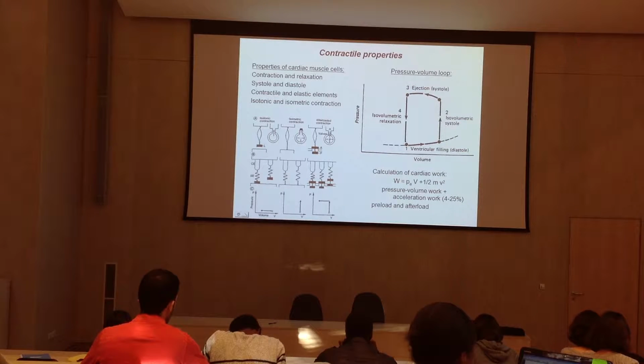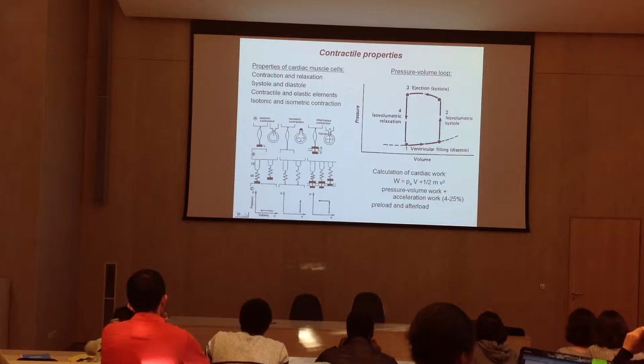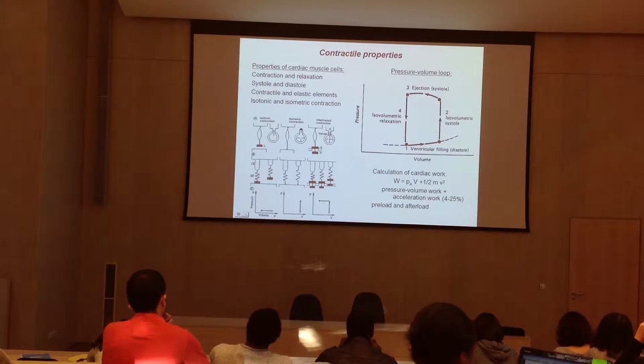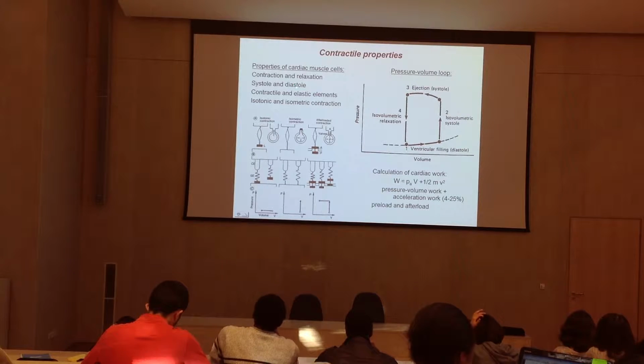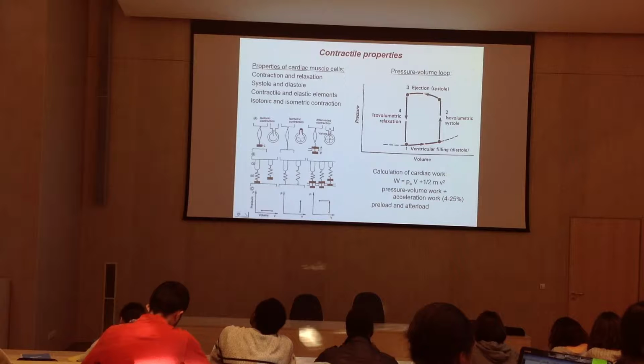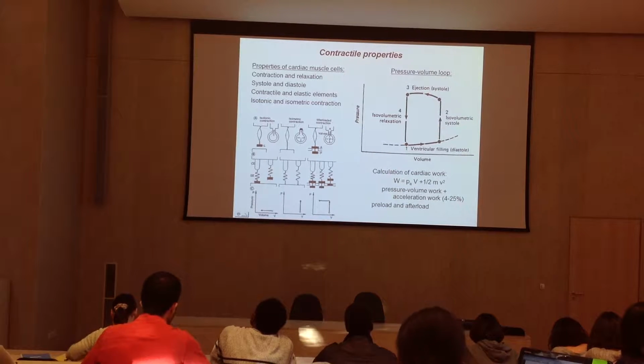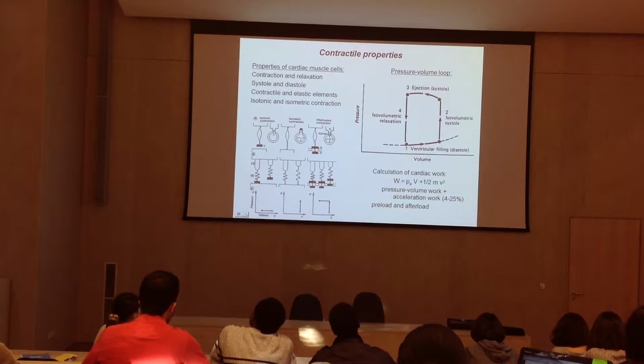Now, because the heart is a muscle sac, the contraction is called systole. This is the period when the blood is ejected, and the relaxation is the diastole, the relaxation part which makes possible the filling of the atrium or the ventricle.